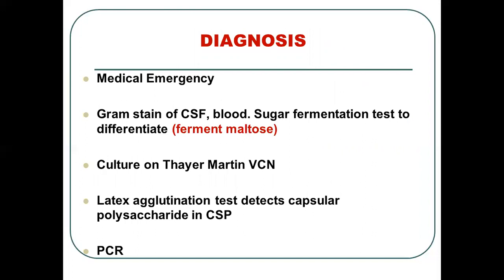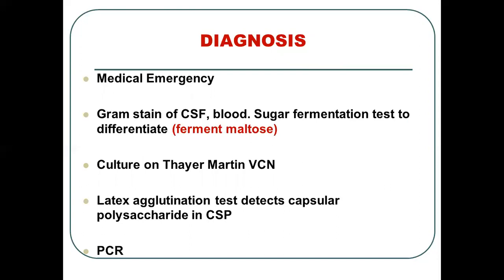We cannot wait a long time for the results of isolation of the organism from the laboratory. We have to consider it an emergency and immediately start treatment. So in the early stages, we can stain the CSF and the blood and see under the microscope whether the organism is gram-positive or gram-negative. If it is gram-negative and occurs in pairs with a kidney bean-shaped appearance, we can suspect Neisseria meningitidis.